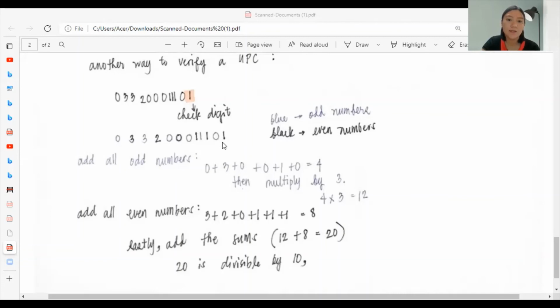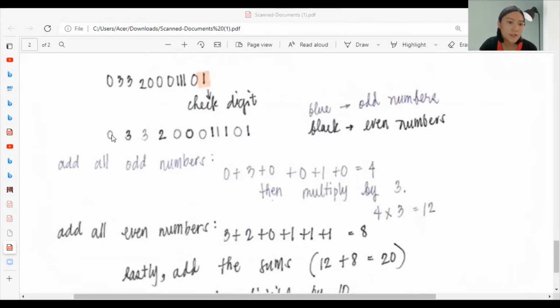Here it is. Another way to solve or verify a UPC is to identify the odd numbers in the sequence and the even numbers in the sequence. Now we add all the odd numbers, which is 30010, and their sum equals 4. We multiply it by 3, which equals 12.